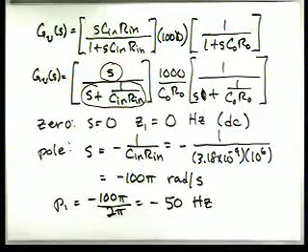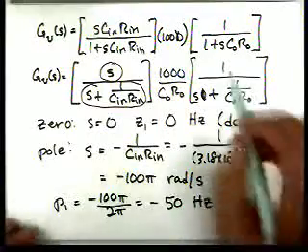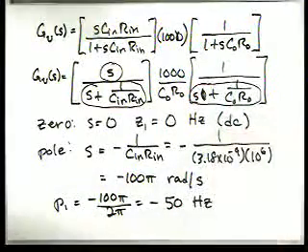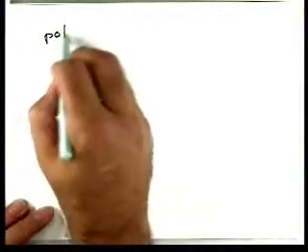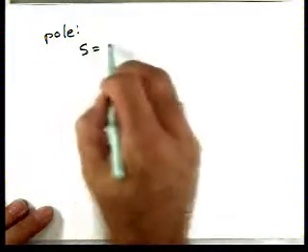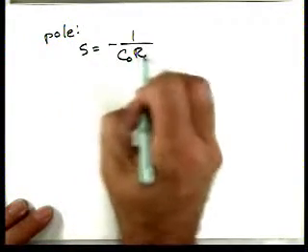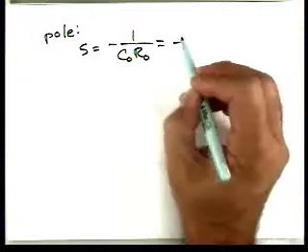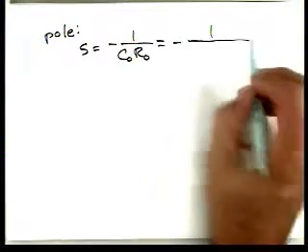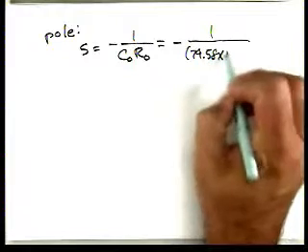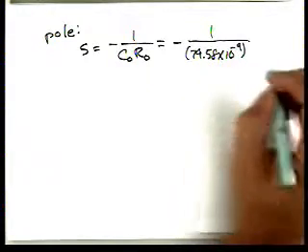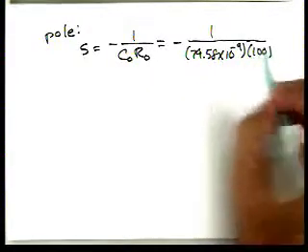Okay, and if we look over at the next term over there, this gives us a pole. So now we have a pole at S equal minus 1 over C0 R0, which is minus 1 over 79.58 times 10 to the minus 9 times 100.